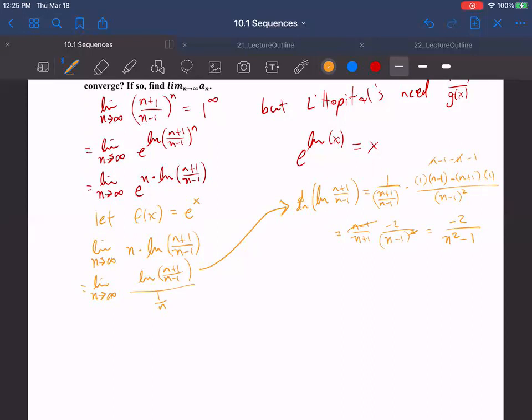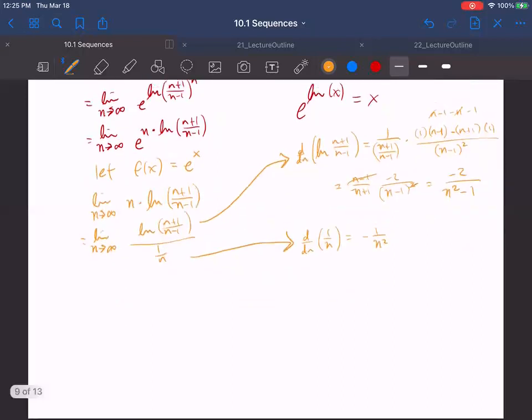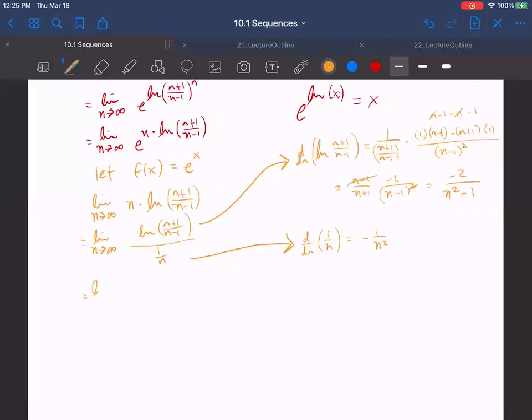Then for the denominator part, we've got the derivative of 1 over n, which is what? Okay, minus 1 over n squared. So we can come back over here. Equals limit as n goes to infinity.